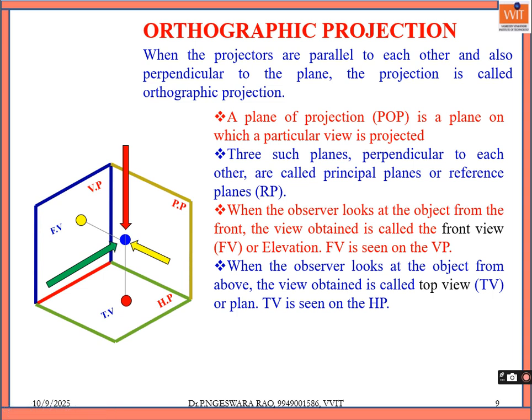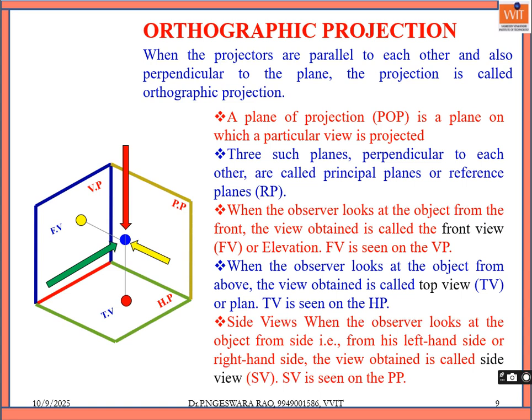Specifically, because we are observing the object from the left side of the front view, it is called the left side view. We get this image on the profile plane, PP. So this is called the left side view, or simply the side view.